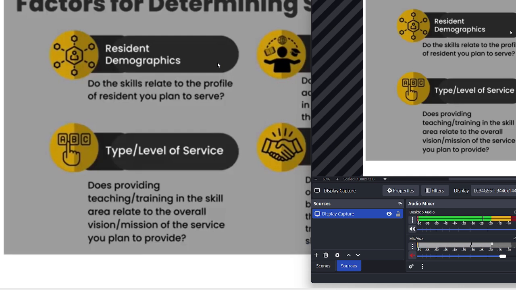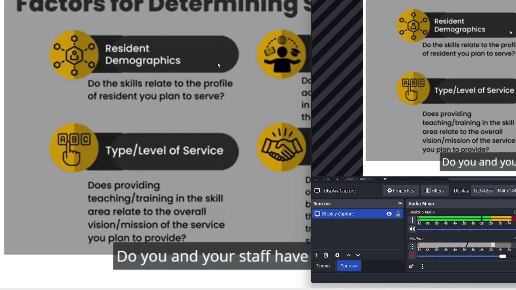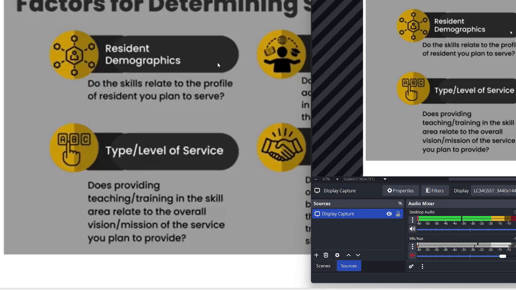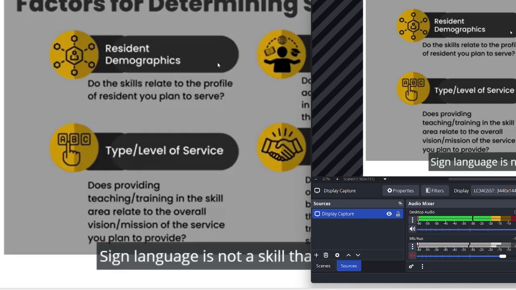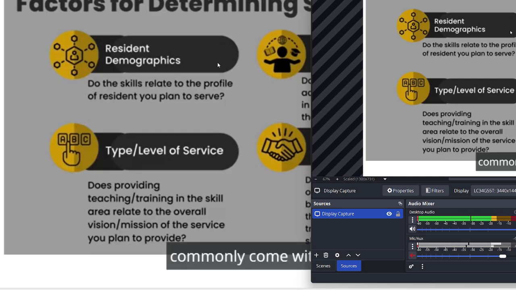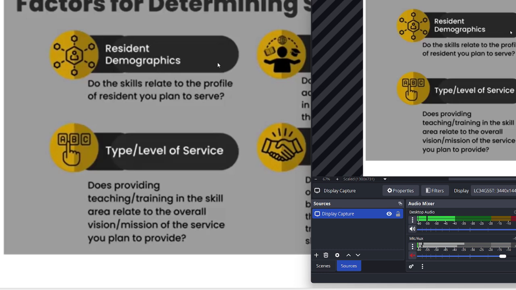Staff education and training. Do you and your staff have adequate education and training in the practices needed to teach the skills? For example, sign language. This is not a skill that many staff commonly come with.